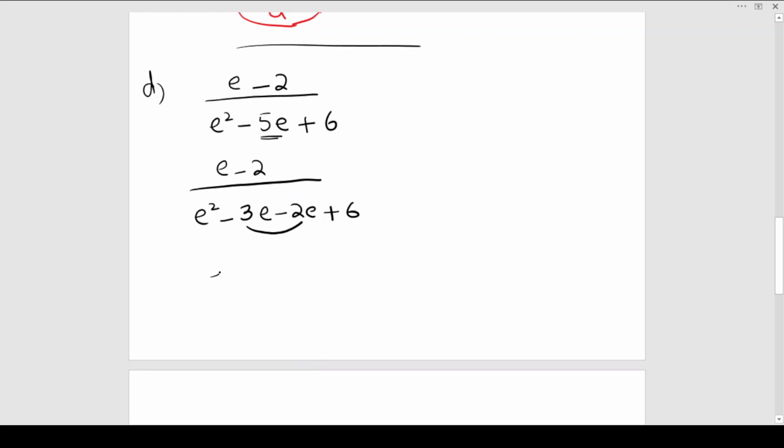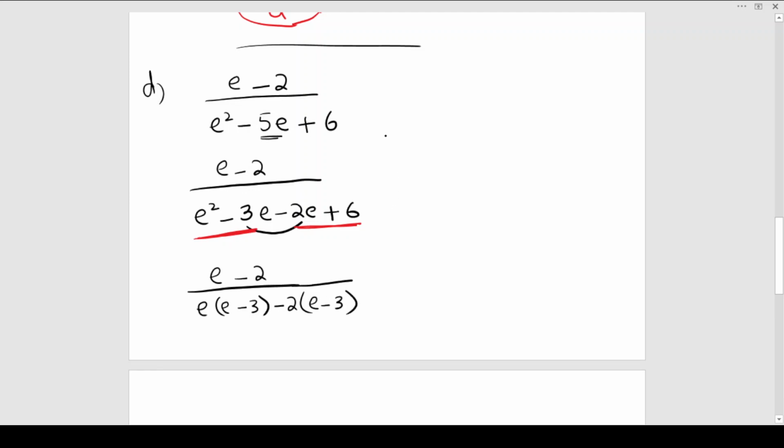So now rewrite it again. e minus 2 will be there in the numerator, and from the denominator, we consider e square minus 3e as the first pair and this as the second pair. From the first, we take e as a common factor, so e minus 3 is left there. From the next, we take minus 2 as a common factor, so it will be e minus 3 again.